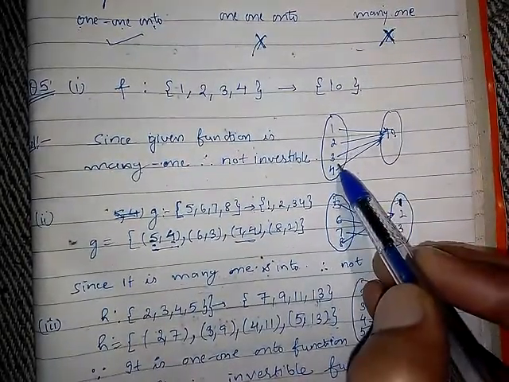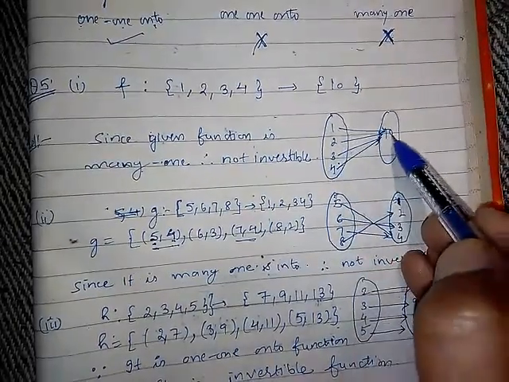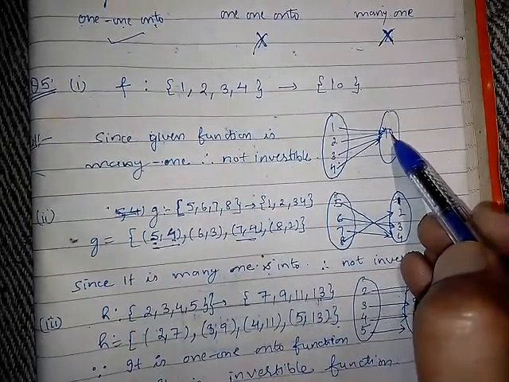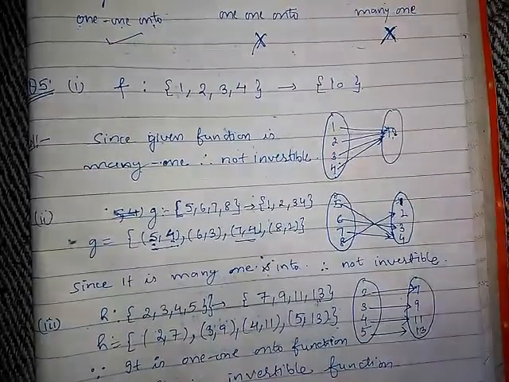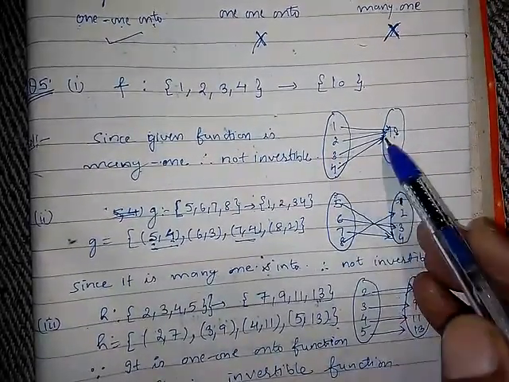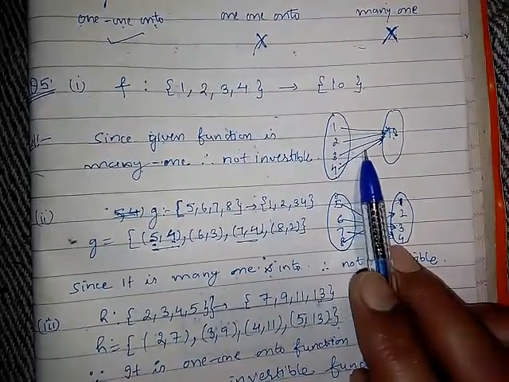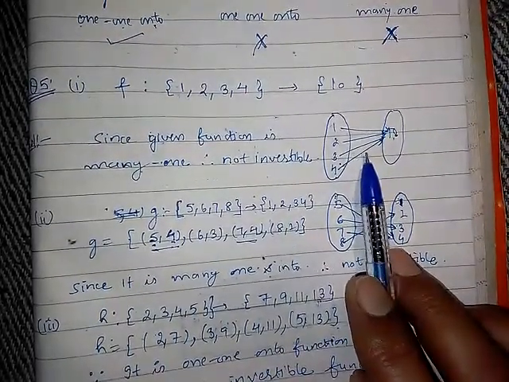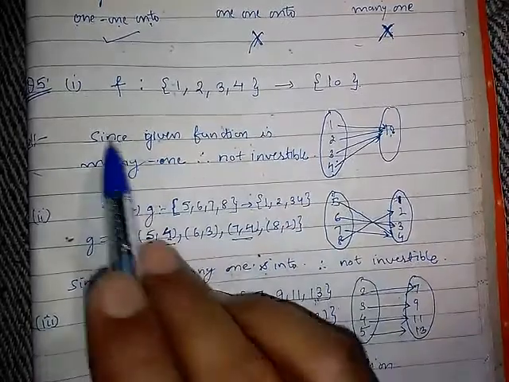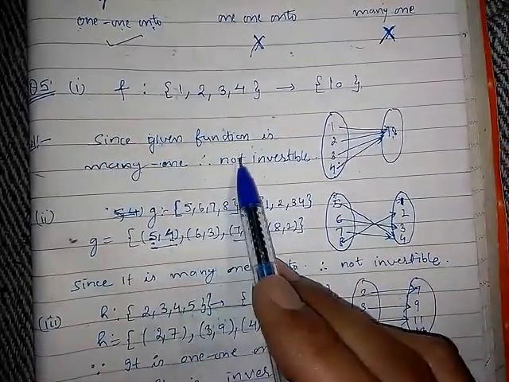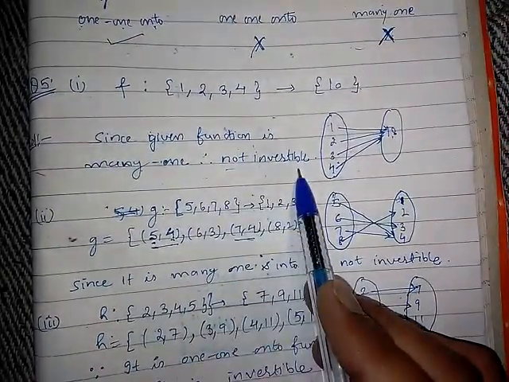Which function is this? This is a many-one function. Clear? Many elements have only one image, that means many-one. But for an invertible function we need 1-1 and onto. But this is not 1-1, since the given function is many-one, therefore it will not be invertible.